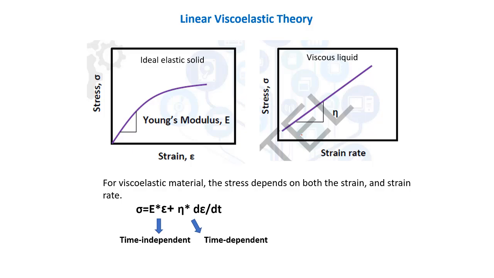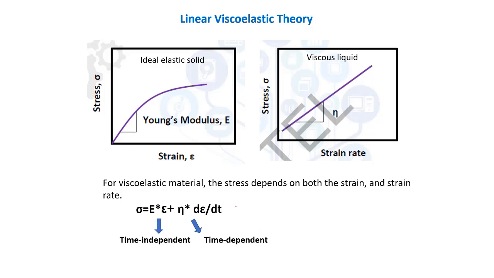So for a viscoelastic material, the stress will be dependent both on strain and strain rate. As we know, for solid, the stress is dependent on strain, but for liquid, the stress is dependent on strain rate. So for a viscoelastic material, the stress will be dependent on both the strain and strain rate.